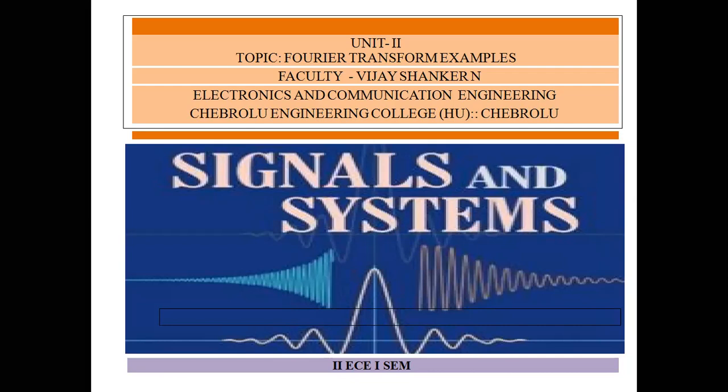And some more examples of the Fourier transformation. We already saw the exponentially decaying function e power minus at. And now you see e power plus at, the exponentially rising function.